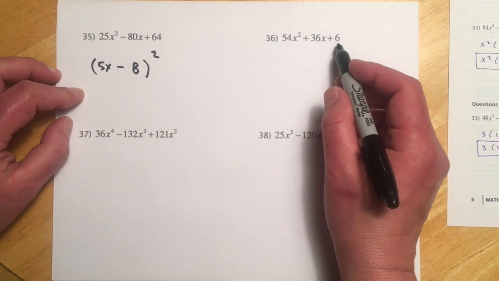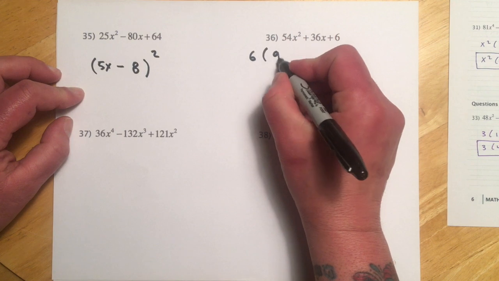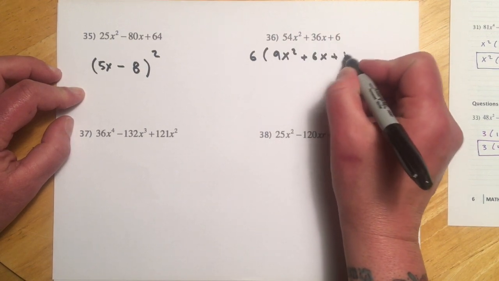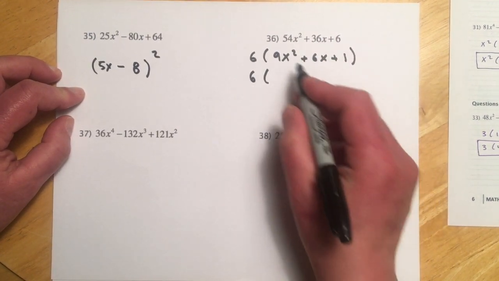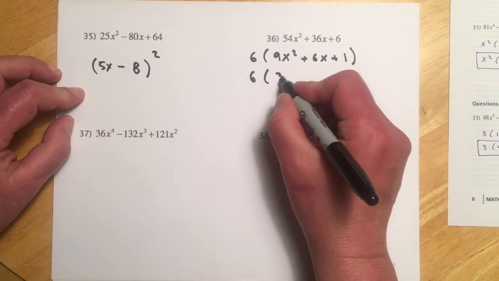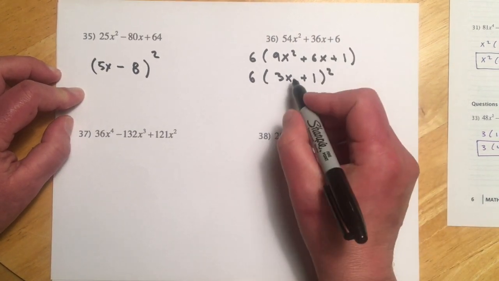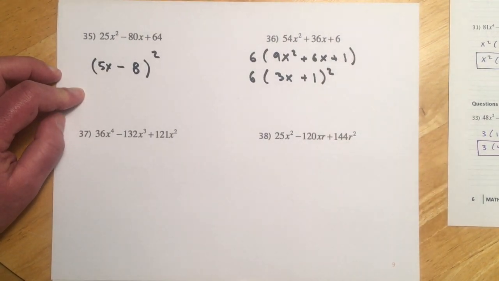Over here, let's see, I think I can pull a 6 out. So that's going to leave me a 9x squared plus 6x plus that 1 placeholder. So 6 down front, squares on the ends, so 3x plus 1, quantity squared. And I double check, 3 times 1 doubled would make 6.